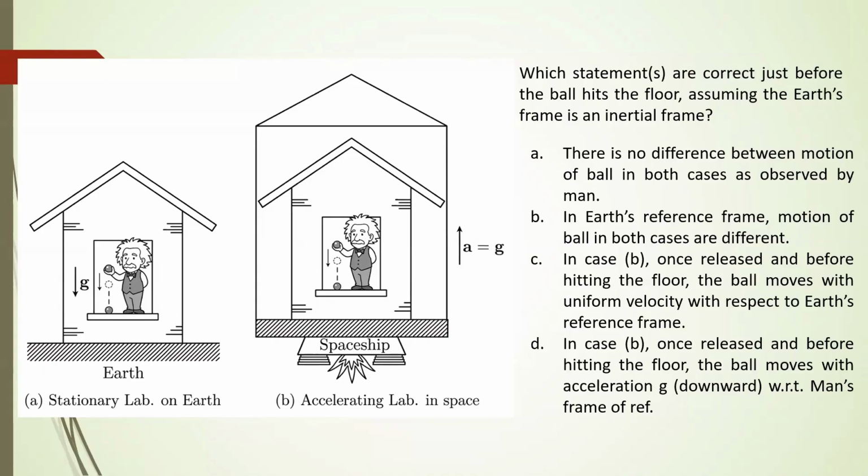In case B, once released, they're saying the ball is coming down with an acceleration g with respect to the man's frame of reference, right? Because the man's frame is accelerating upward with plus g acceleration, any object that is not accelerating will appear to have a pseudo acceleration in the opposite direction, minus g, from his perspective.